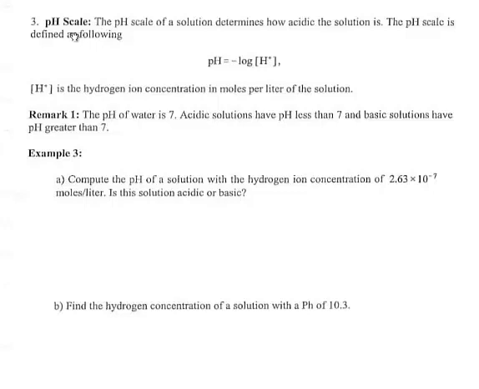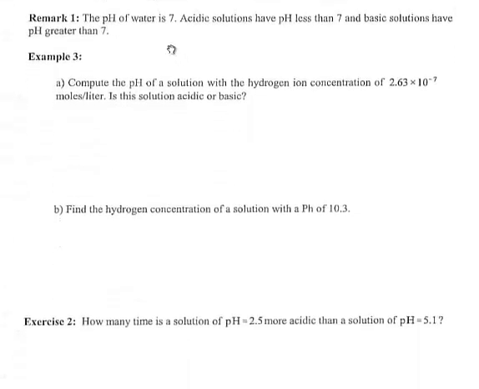Now we move on to pH scale, and we're given the formula. The pH of an acid or a base is the negative common log of the concentration of H plus ions. So the pH of water is 7.